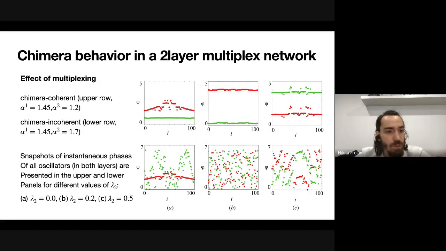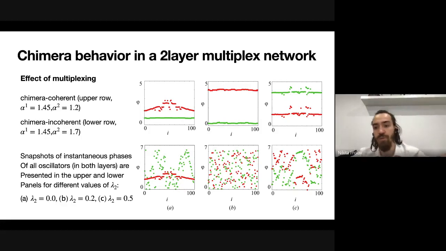If we couple layers with different types of behavior, we can see that most of them are synchronized into a synchronous chimera pattern. This slide represents two situations where one of the layers is chimera and the other is either coherent in the upper row or incoherent in the lower row.